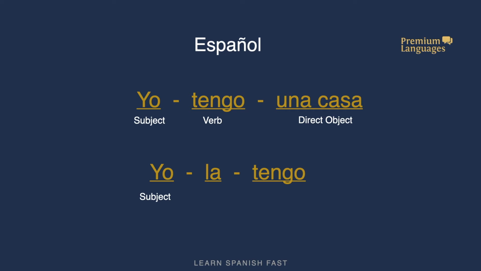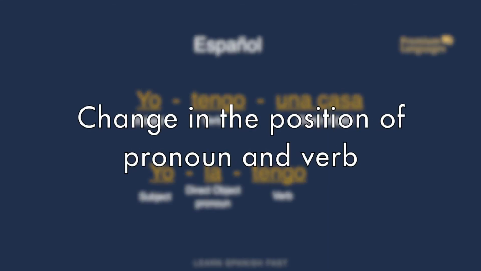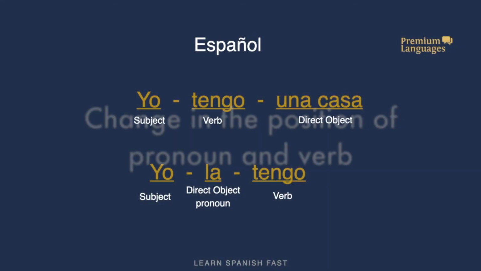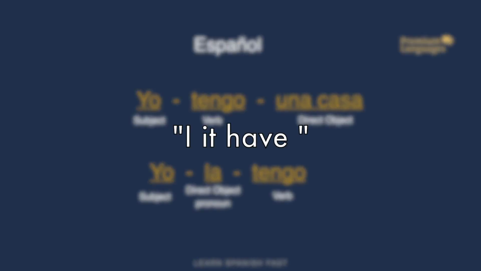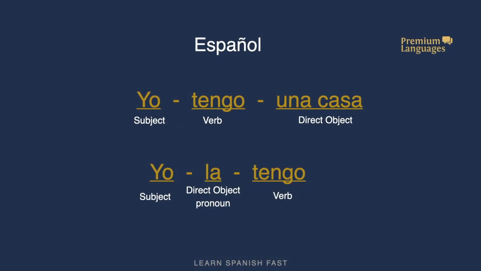We have the subject, the direct object pronoun, and the verb. Also notice how the position of the pronoun changes and goes before the verb. It is like saying in English, I, it have. Obviously in English you would say, I have it. But in Spanish, the position changes.